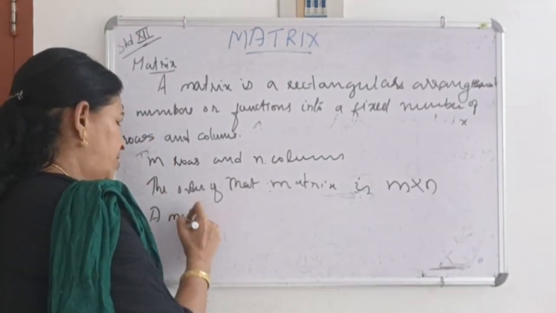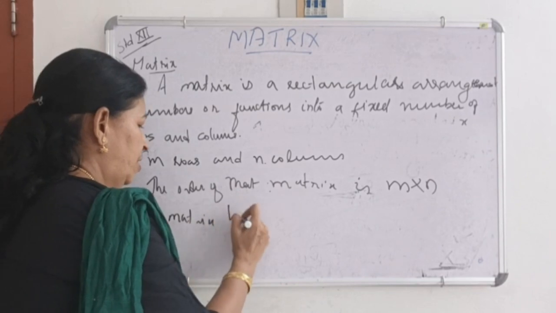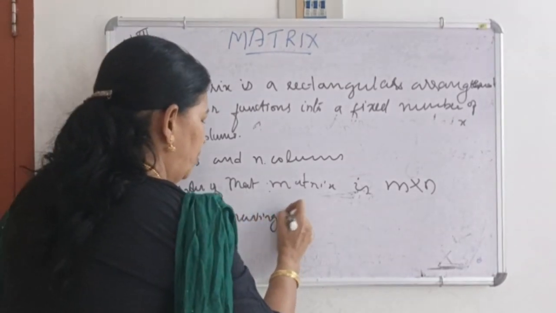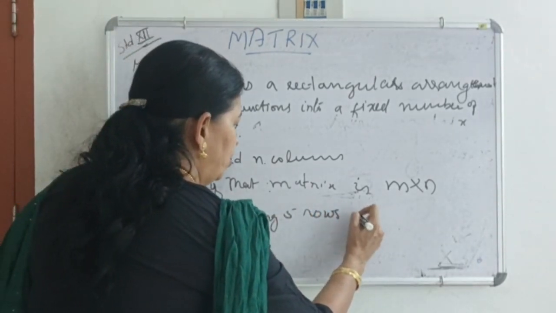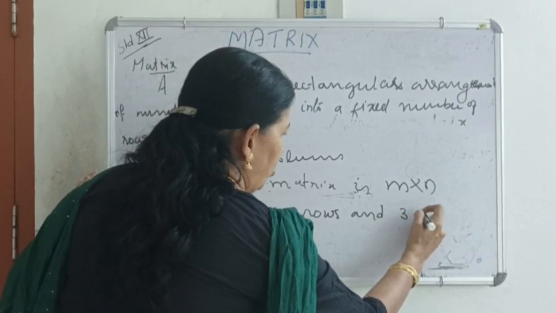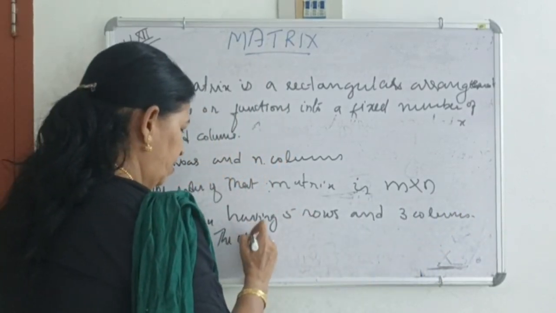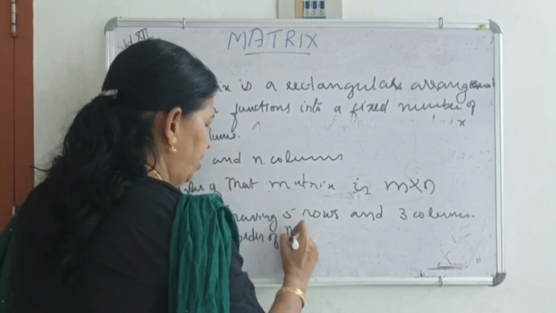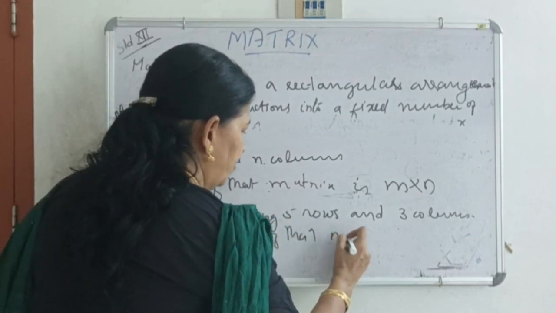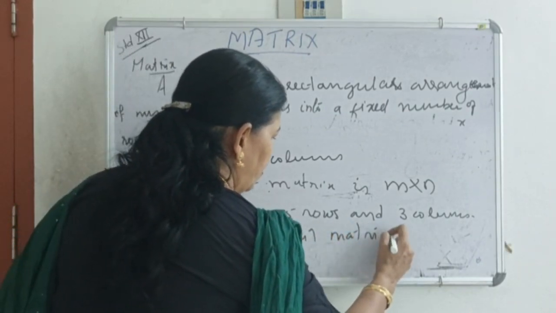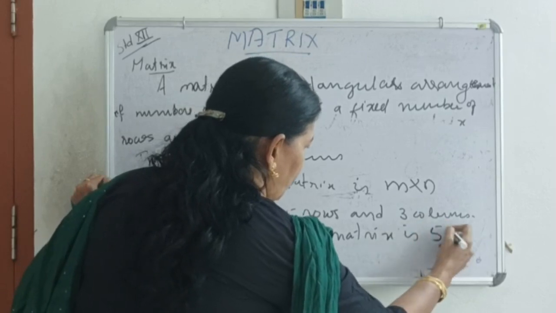A matrix having 5 rows and 3 columns: the order of that matrix is 5 by 3.